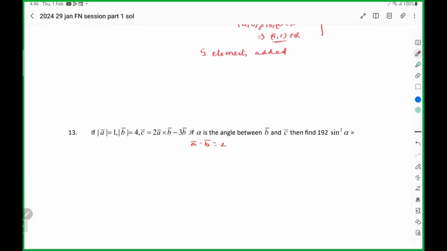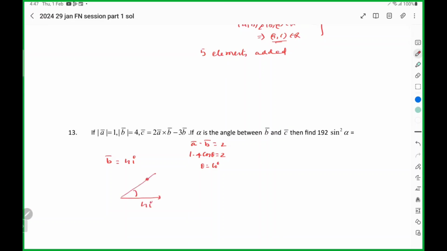So this problem can be done in different ways. Here, one procedure is, if I take B bar as 4i, A dot B is 2, which means 1 into 4 cos theta is 2, theta is 60 degrees. So I will take B as 4i.